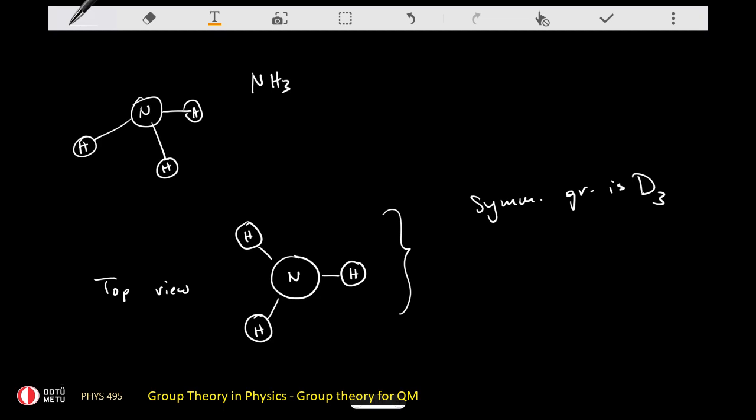I want this to be a very simple problem, so I'm not going to make the problem complicated. I'm going to disregard the nitrogen atom at the center, just forget about it. I'm just going to consider the hydrogen atoms in here, but I can make it a little bit more general.